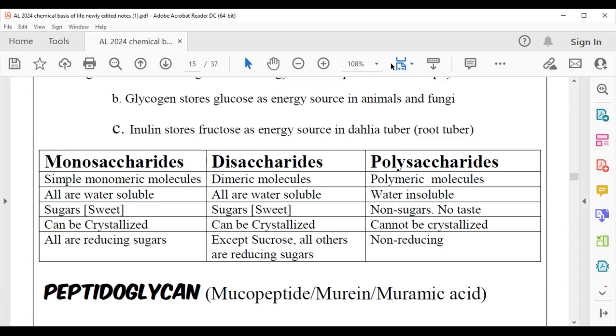In a reducing sugar, there will be an alcohol region that can undergo oxidation. If that alcohol region is available, it can undergo oxidation and work as a reducing sugar.